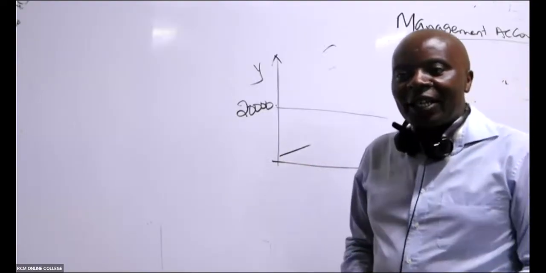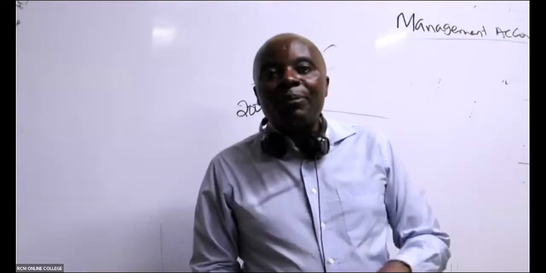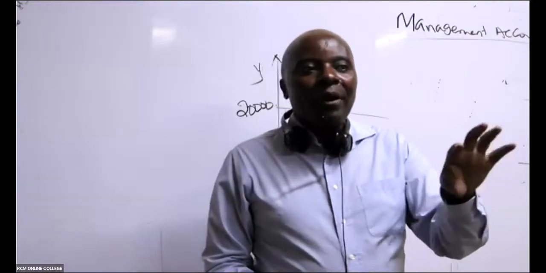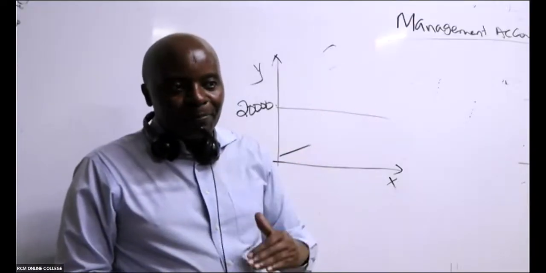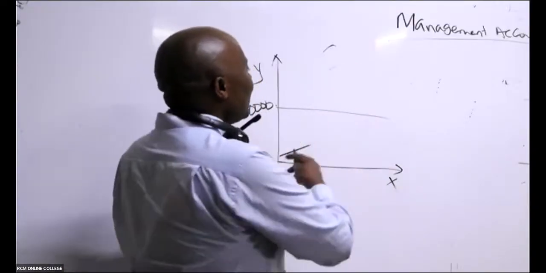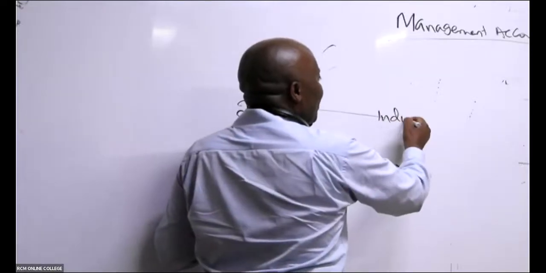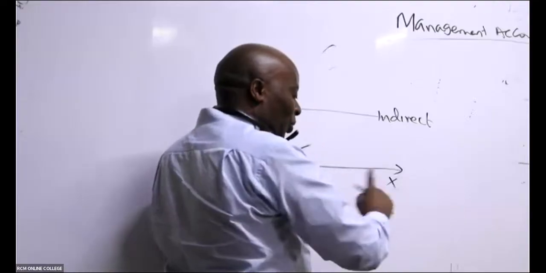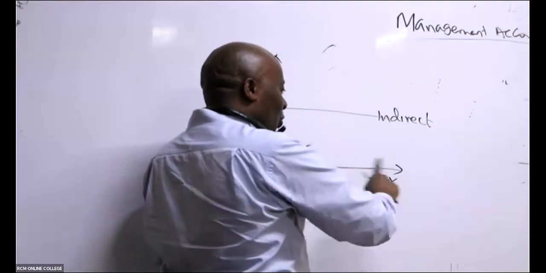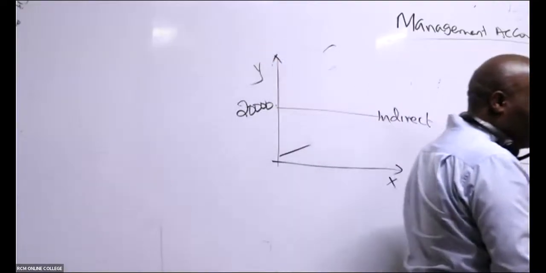Will he accept? No, because rent is periodical. It's payable on a monthly basis, regardless of our volume of activities. So this becomes an indirect cost. Indirect costs do not have any association with the volume of production. You produce zero, you still pay it. You produce whatever, you still pay it.